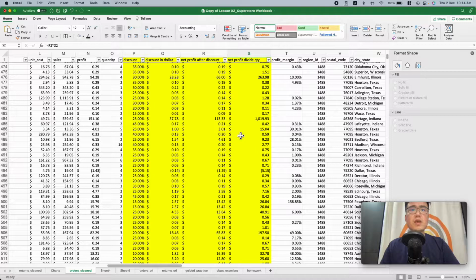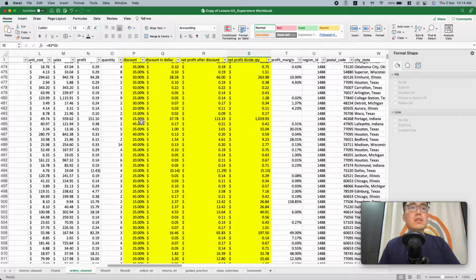So every order is a revenue. So the number of sales is this, the profit from it is this.